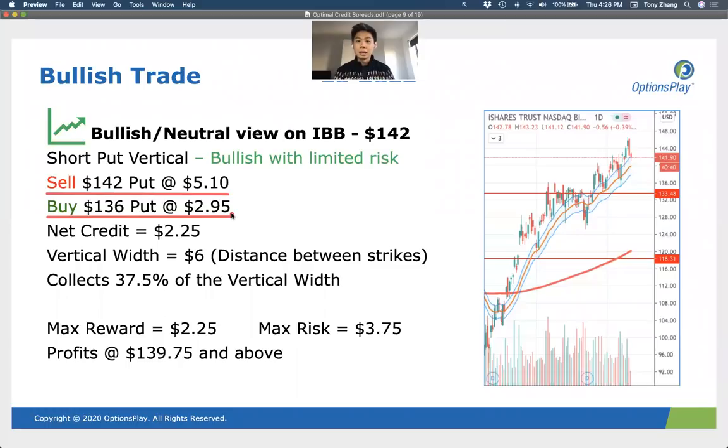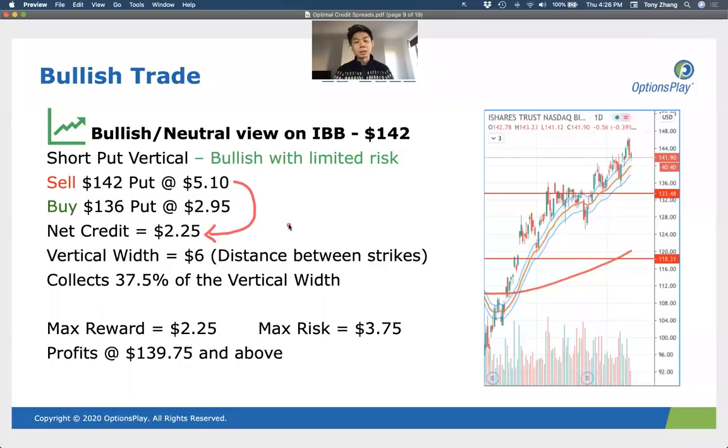Now what happens is, instead of risking roughly $137 or so to make $5, by buying that lower put, I've reduced my potential reward from $5.10 down to my net credit of $2.25.